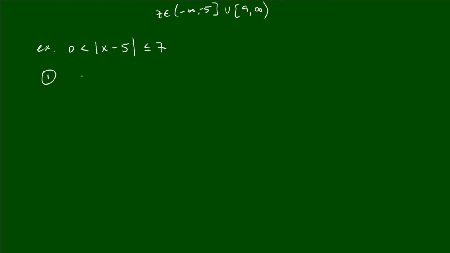For the first part, you have 0 is less than the absolute value of x minus 5. For this part, remember that you always have an absolute value that is positive or 0, right? That goes back to the first part of this video.